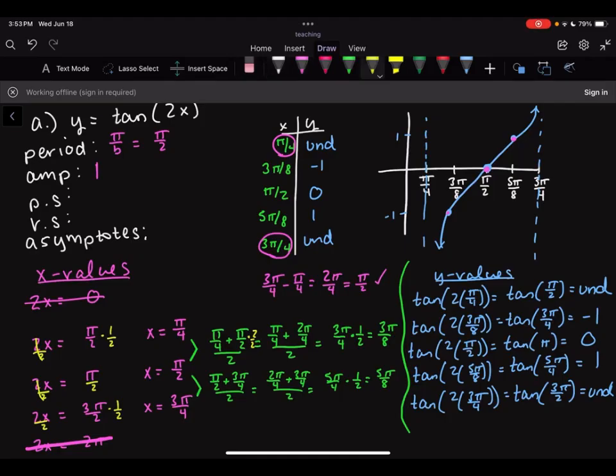Hypothetically, if this had said 2 tangent 2x, this would have been a -2 and this would have been a +2. And I'll show you that maybe in the next one. I'll do some more vertical shifts and stuff like that.